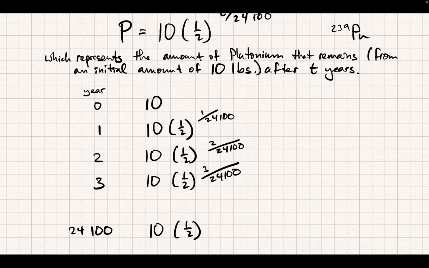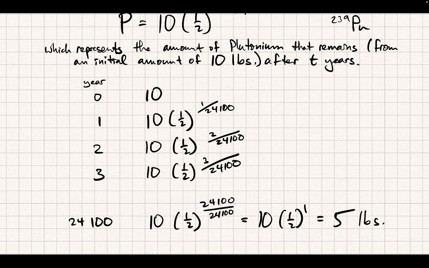What's my exponent? It's 1. So I'm continuing the same pattern. I have 24,100 over 24,100. That's the same as 10 times 1/2 raised to the 1 power. That's 5 pounds.